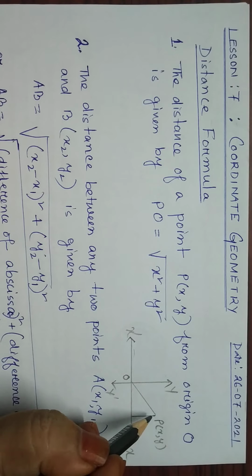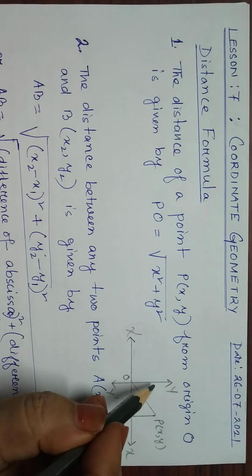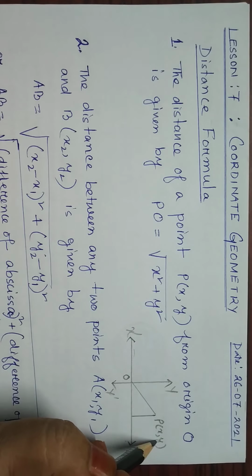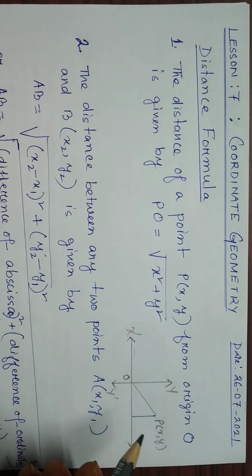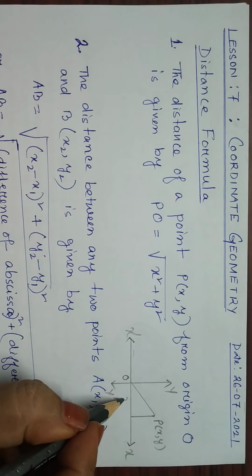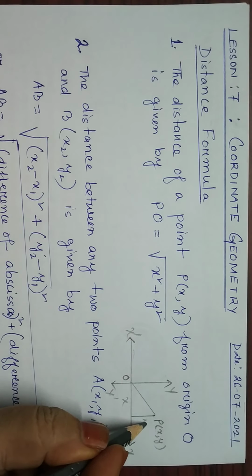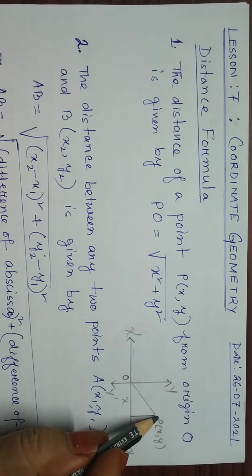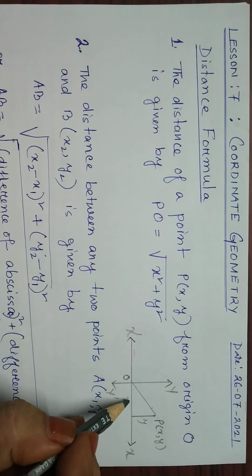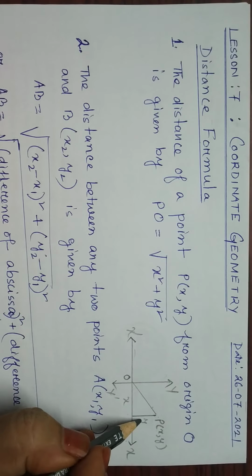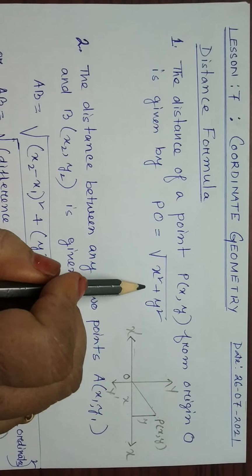The x-coordinate is the distance between the point and the y-axis, and the y-coordinate is the distance between the point and the x-axis. That's why this distance will be x and this distance will be y. Then what will OP be? It is a right angle triangle. Therefore, OP will be the square root of x square plus y square, by using the Pythagoras theorem.